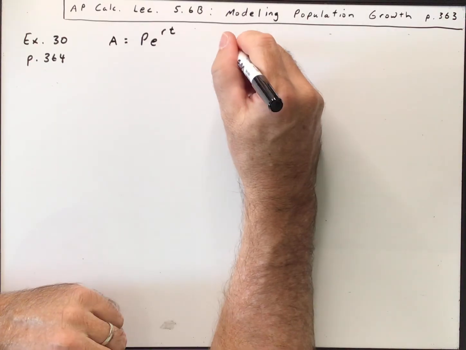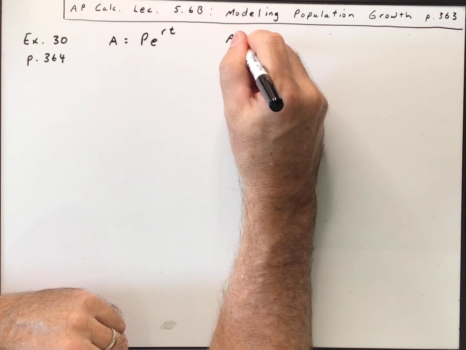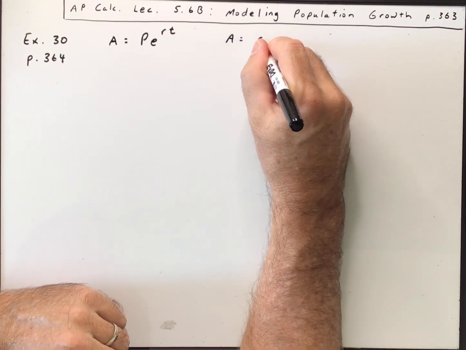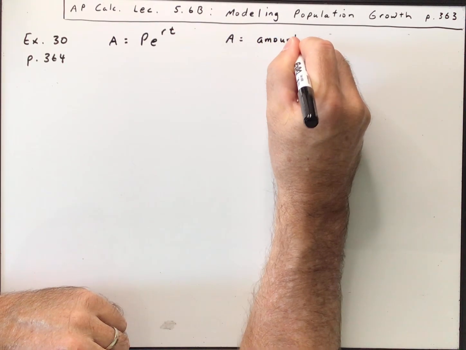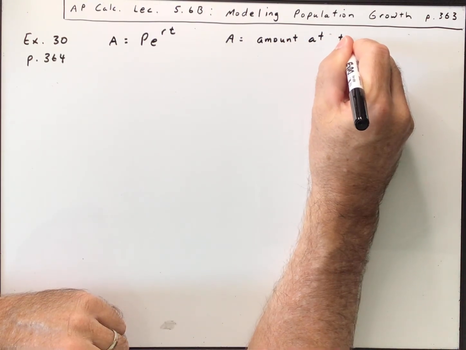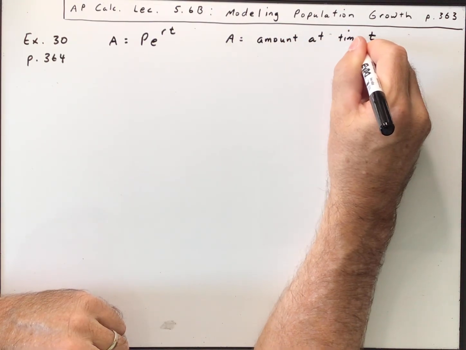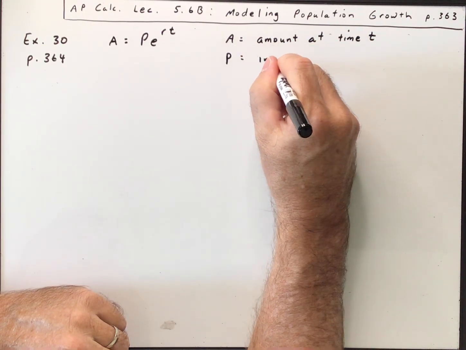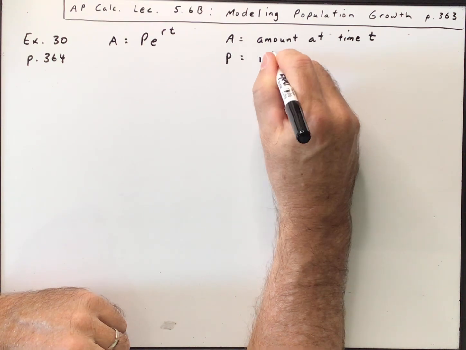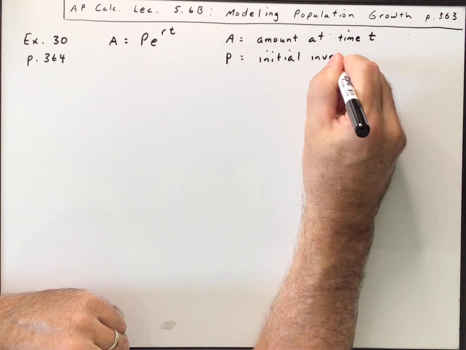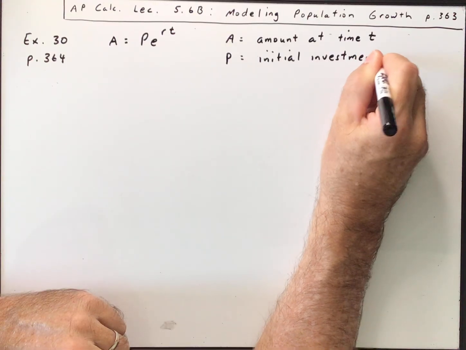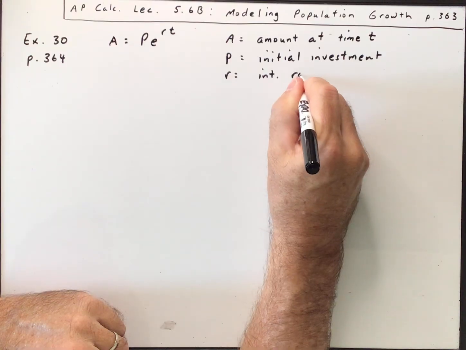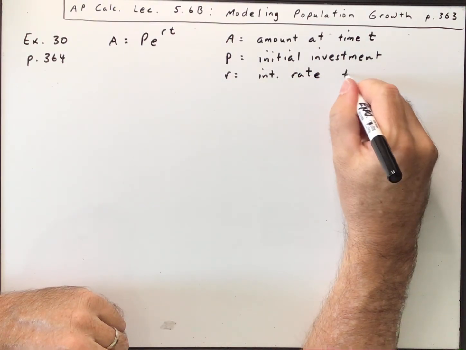All right, where A is the amount at time t, P is the initial investment, r is equal to the interest rate, and t is time.